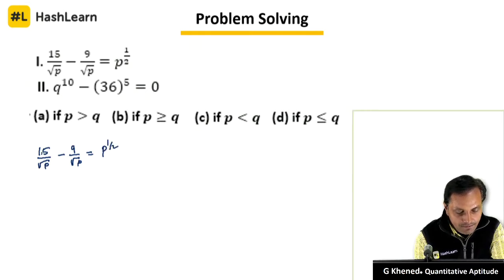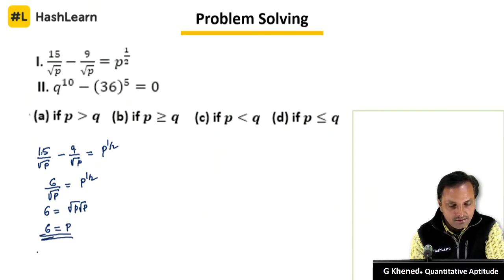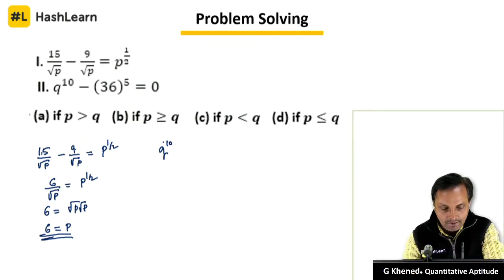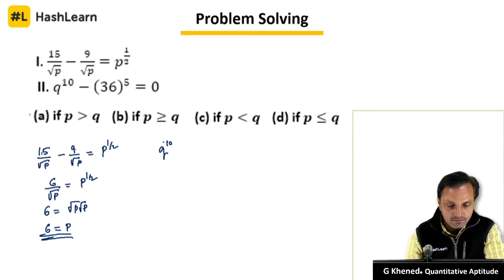So you can write it as 15 minus 9 is 6 by root p. When you cross multiply, root p into root p is p. The value of p is 6 and q power 10 is equal to 36 power 5.